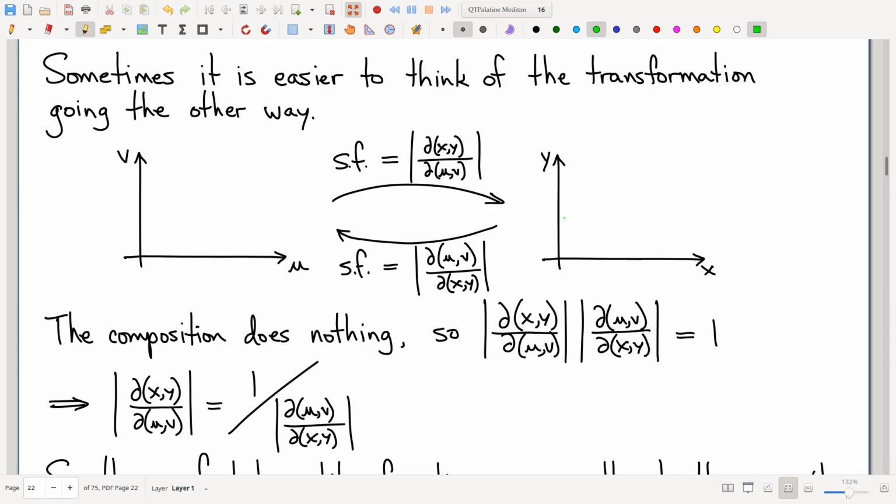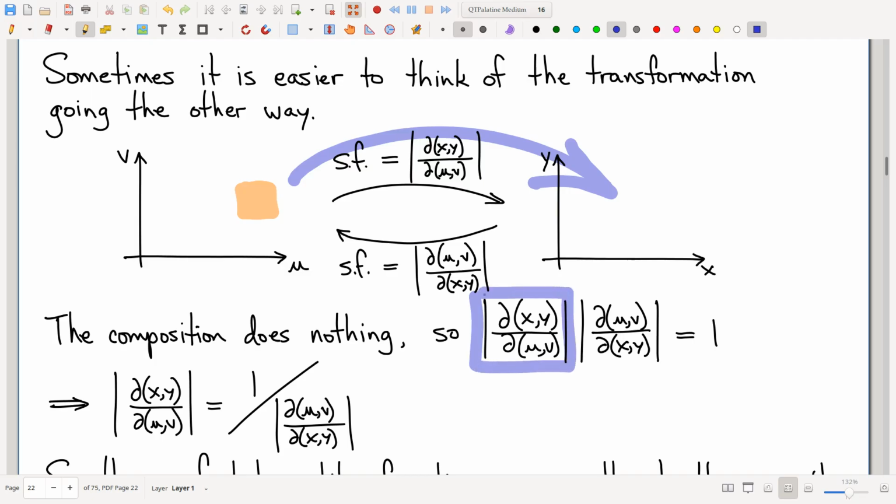And let's consider now what would happen if I had some little region here, some little small piece of area. If I push it forward over here, that's going to change that area by a factor, in particular by that established stretching factor. And now what if I come back?